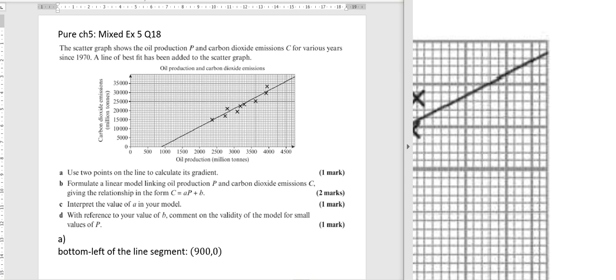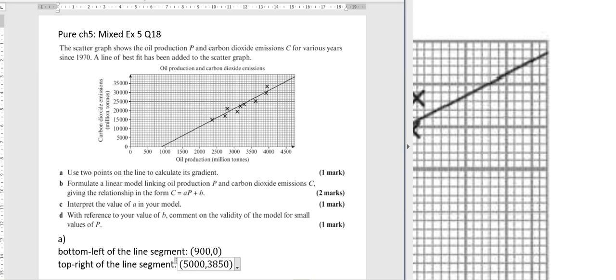So if we start at 3,500 and go up 3.5 squares, we're going to be at 3,850. So at the top right, it's going to be at (5,000, 3,850). That's about as precise as you're going to get.